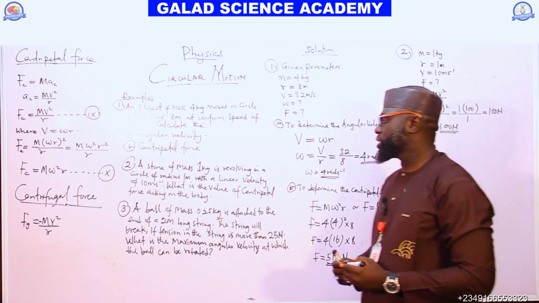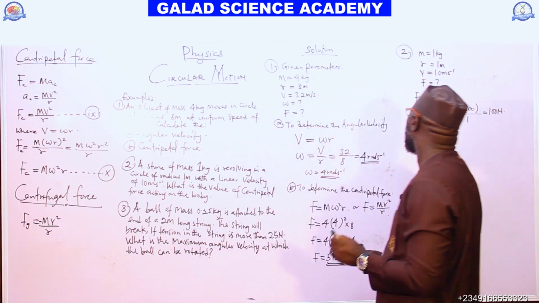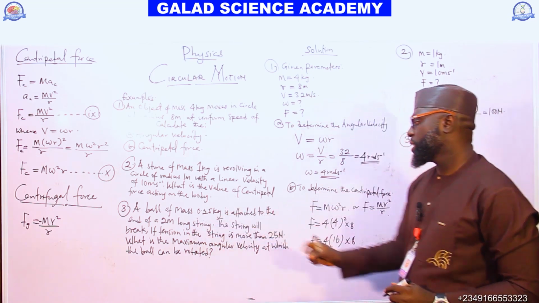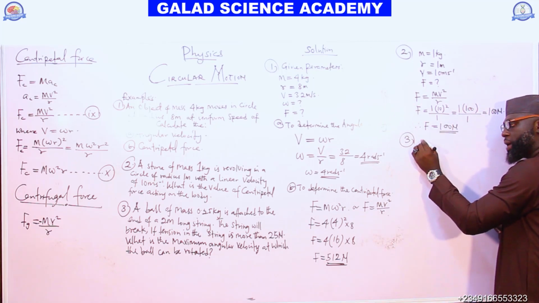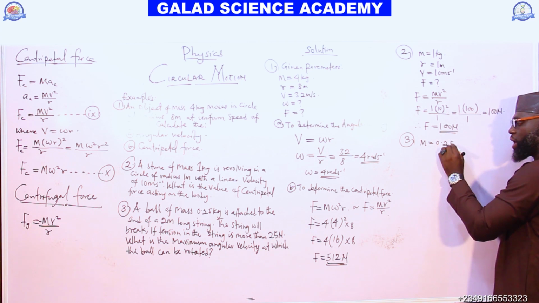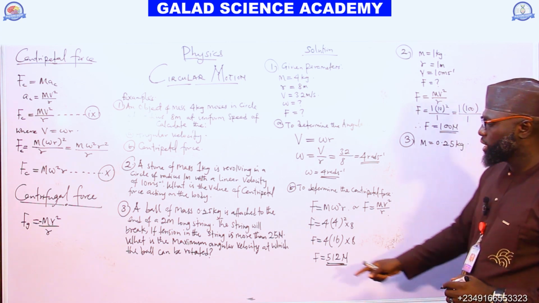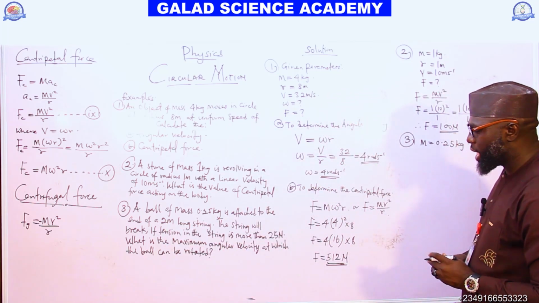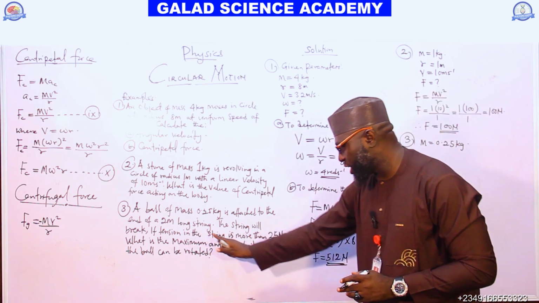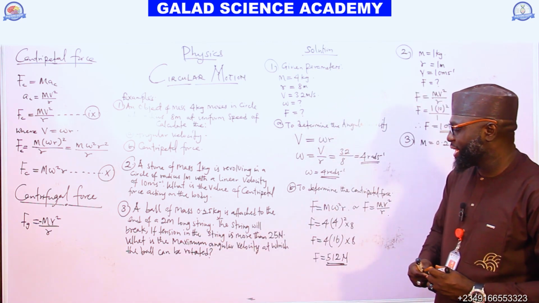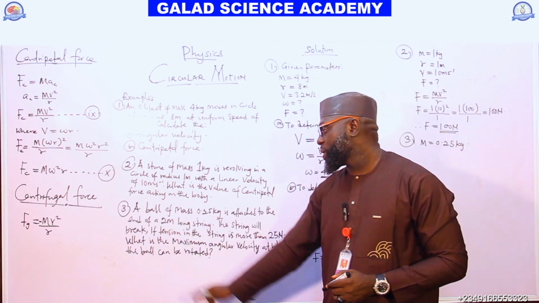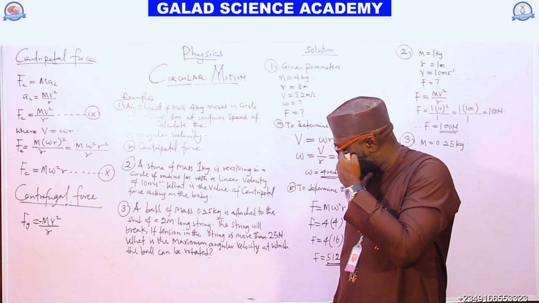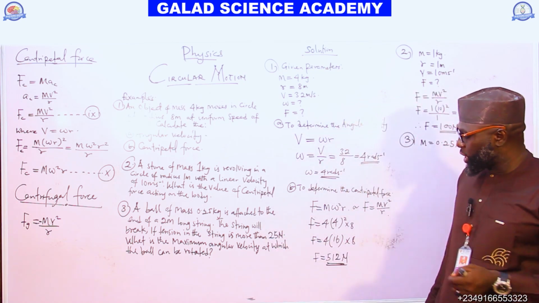The next one is question number 3. A ball of mass 0.25 kg is attached to the end of a 2 meter long string, and the string will break if the tension on the string is more than 25 Newton.